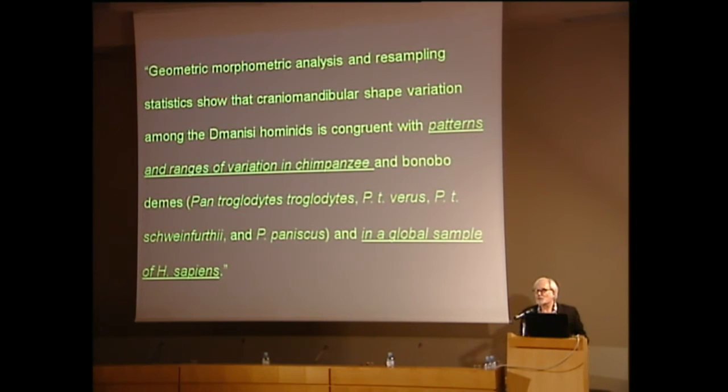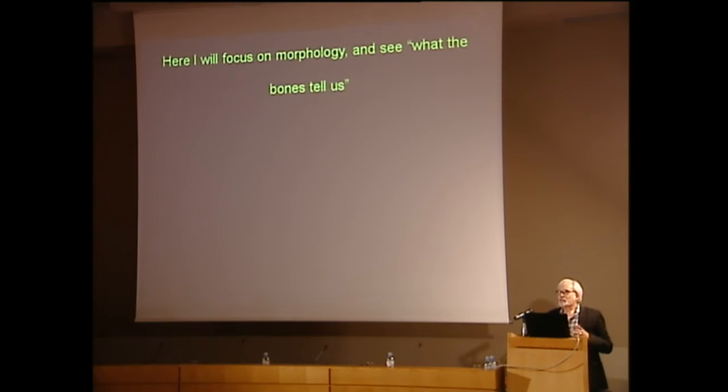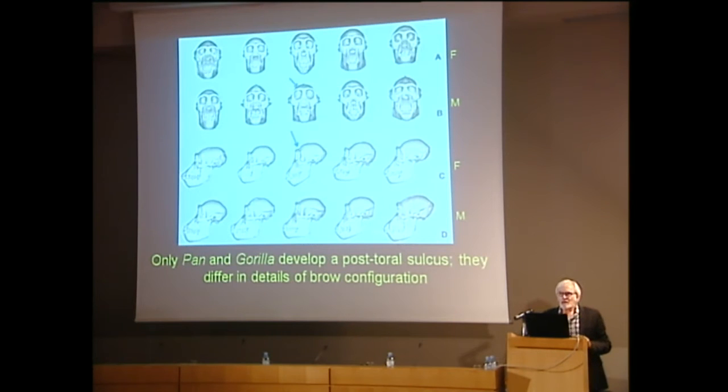And also, as Christoph summarized, that the pattern and ranges of variation in the hominids match those represented by those in chimps and a global sample of Homo sapiens. So in this talk, I will actually talk about morphology and see what the bones tell us. So I'm going to use the same illustrations.